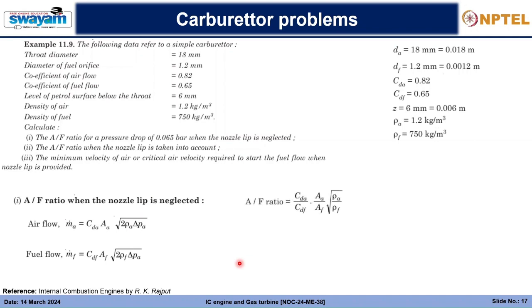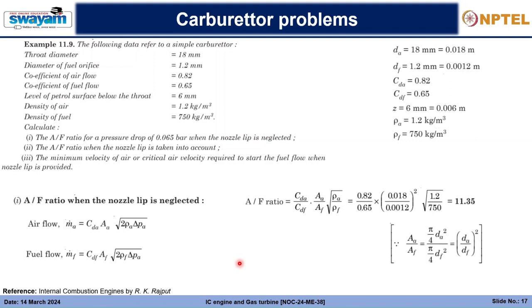So we can directly place in the values. The mass flow rate of fuel is given as Cd_F into area of the fuel orifice into the square root of 2 rho_F into delta P_A. So the airflow ratio will be the division of the two, and when we put in the values, we get the airflow ratio to be 11.35.